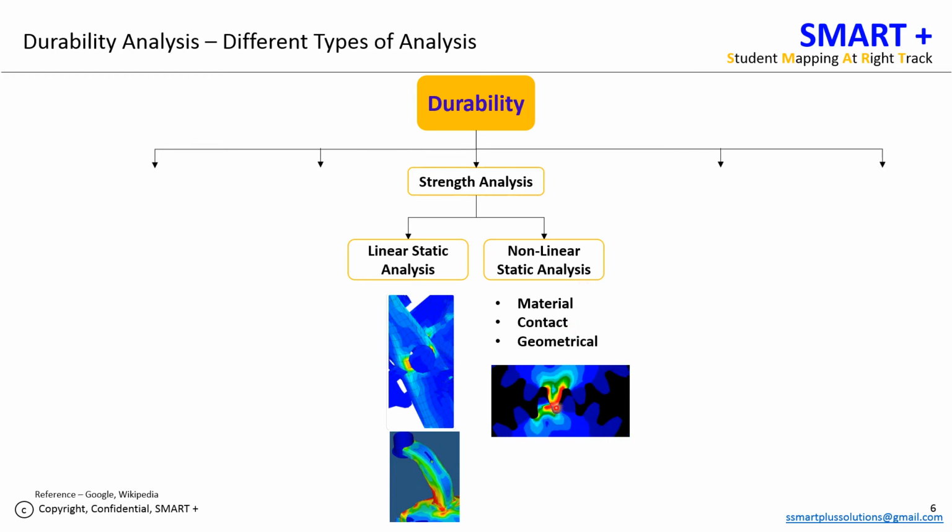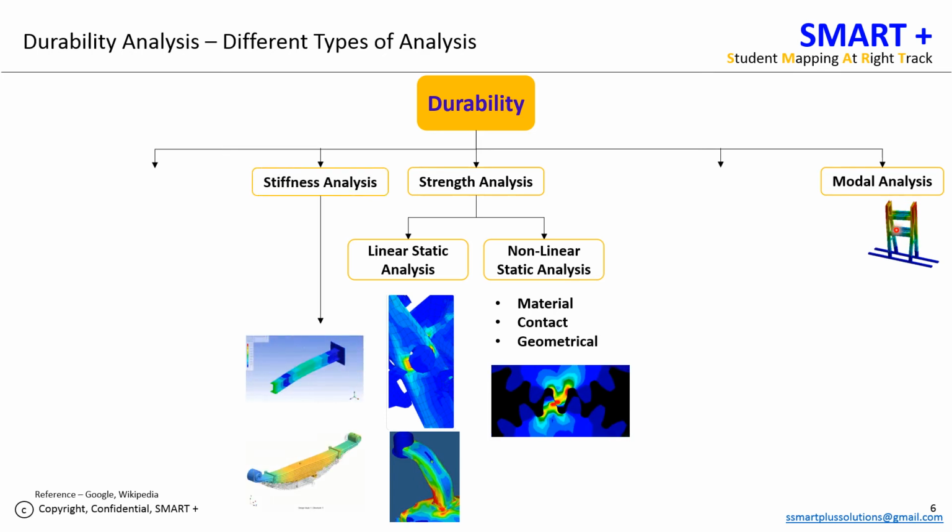Then contacts: these gear teeth are contacting each other, generating stresses. And geometrical means the component itself has large deformation, it is not a rigid part. Then modal analysis. In modal analysis, mode shapes and frequencies of components are found.